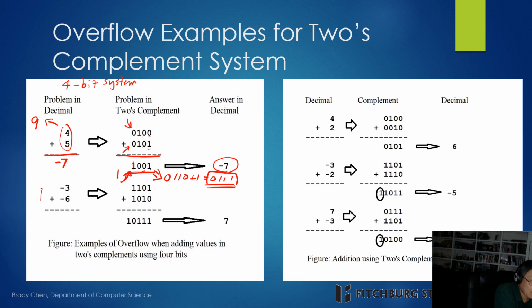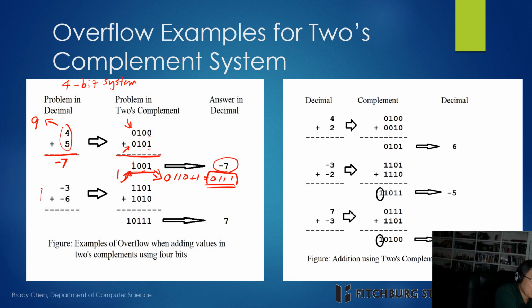Now, if you still remember the two tables we just showed, one of the tables is for 4 bits. We know the largest number we can represent using two's complement in a 4-bit system is 7. So the result is 9, and 9 is outside this range.